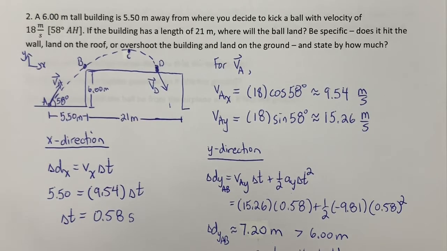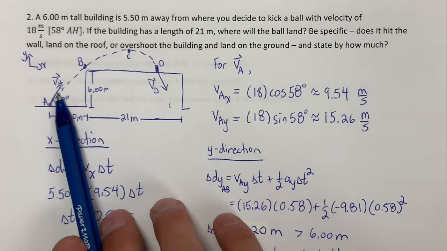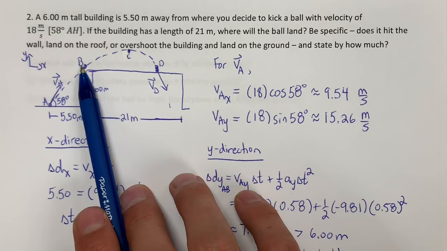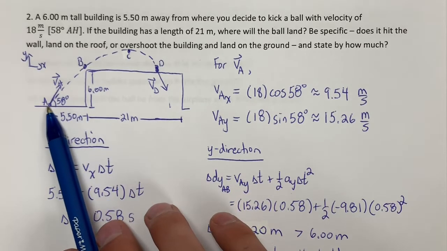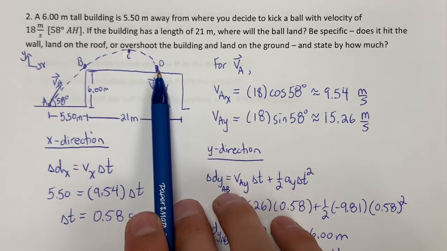As I was saying previously, this first time is a time for it to go from A to B on the way up. That's the 0.462 seconds. The second time of 2.649 seconds is a time to go from A all the way up and down to D.